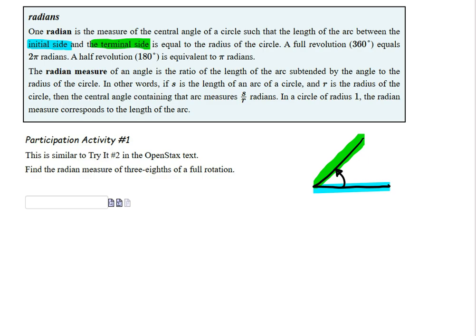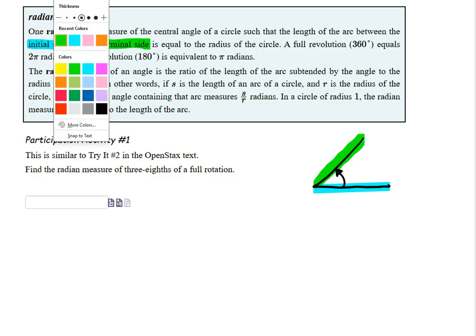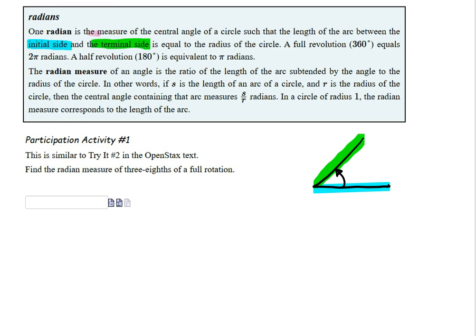And they're saying that the measure of the central angle of a circle, and this would be this measure here, that's your central angle, such that the length of the arc between the initial side and the terminal side, the length of the arc, that's this right here.